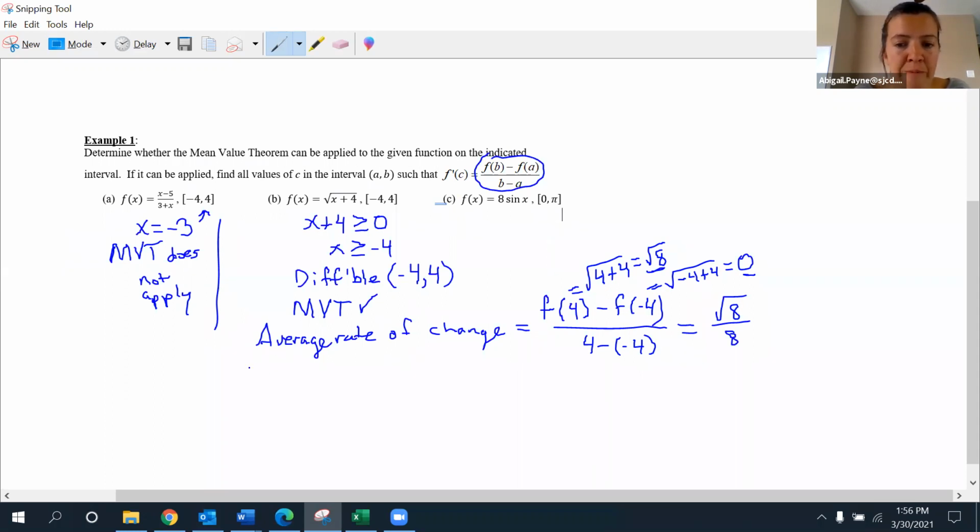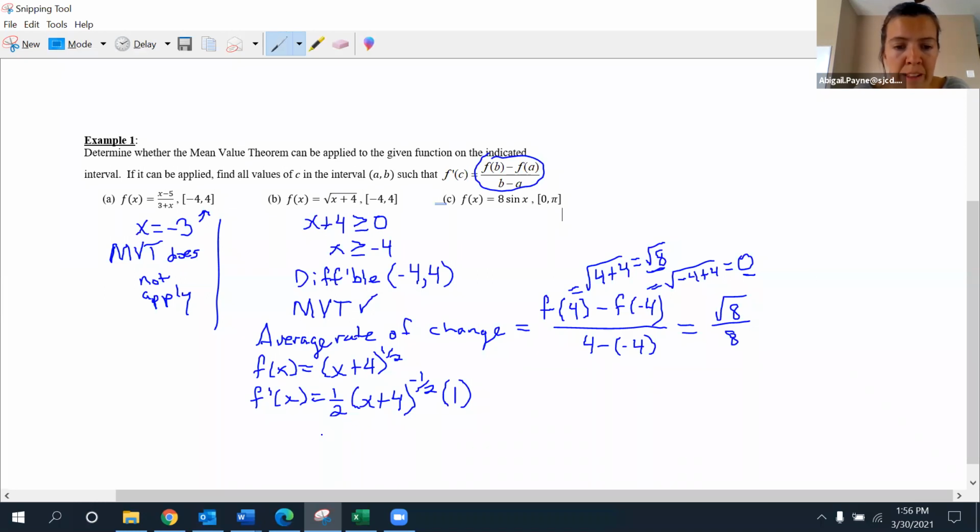Now f prime at c, well, if f of x is the square root of x plus 4, which can be written as (x plus 4) to the 1/2 power, then f prime of x is equal to 1/2 times (x plus 4) to the -1/2. I'm using the chain rule here, so I leave the inside alone and subtract 1 from the exponent. So now I've differentiated that 1/2 power times the derivative of the inside, which is 1.